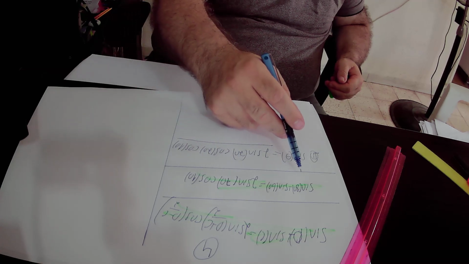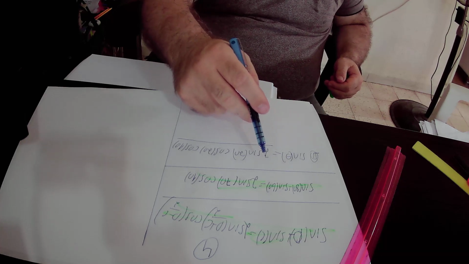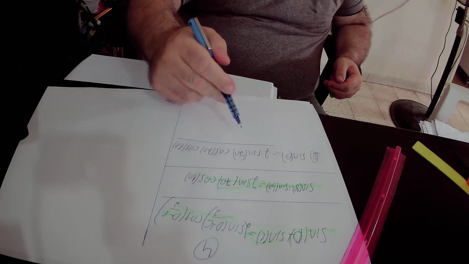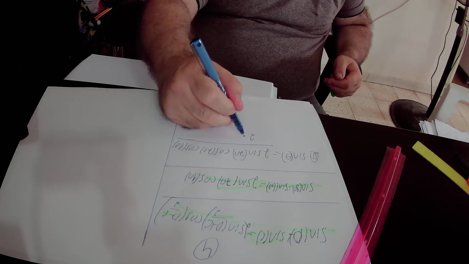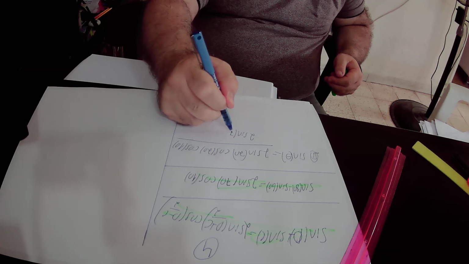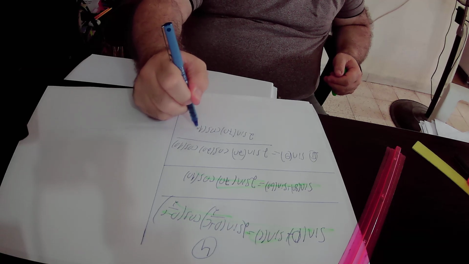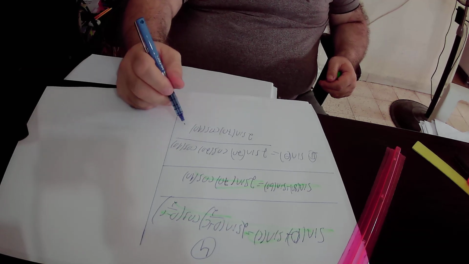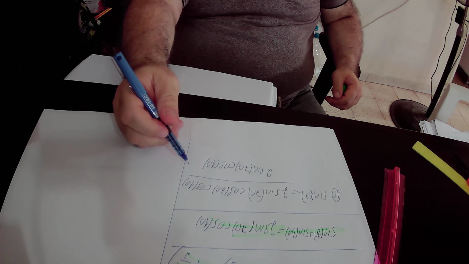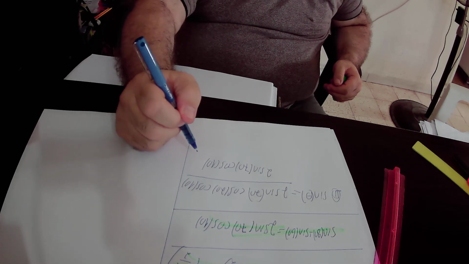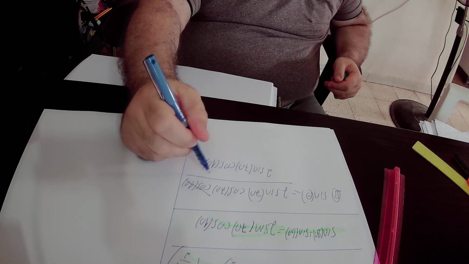Therefore, we substitute it in equation number 2 by 2 times sine 70 degrees times cosine 10 degrees. So here we have cosine 10 degrees in the numerator and cosine 10 degrees in the denominator, so cosine 10 degrees will get cancelled.